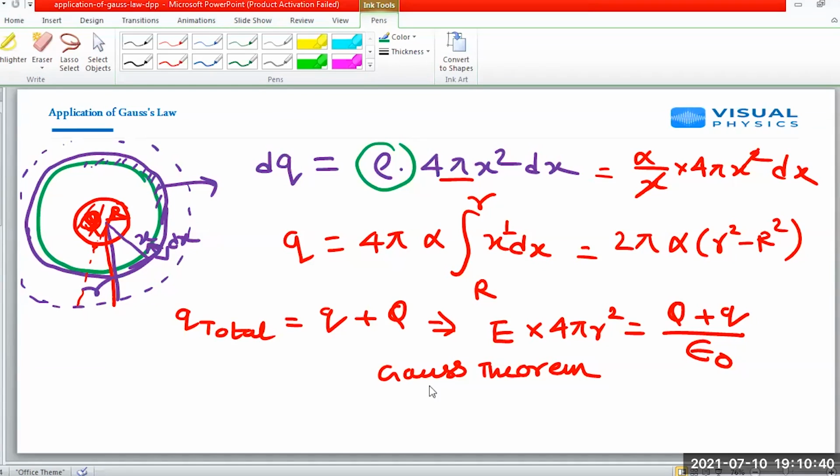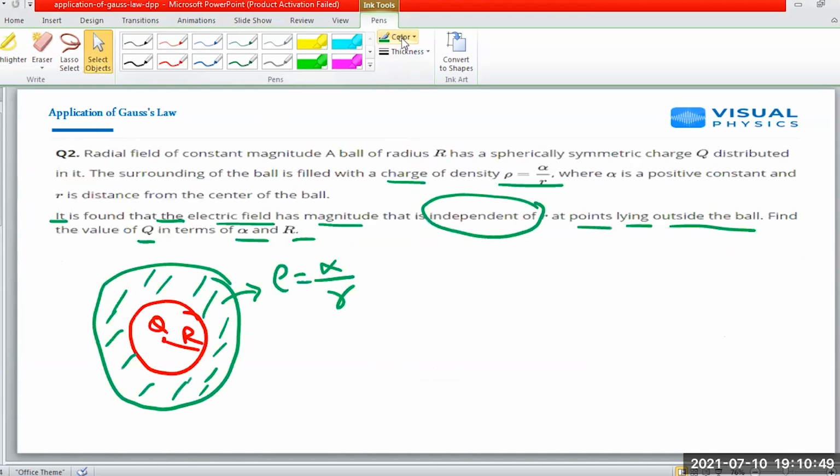Charge density, no, Naveen, charge density is not from the center. Please read the question again. The radial field of constant magnitude, a ball of radius R has spherically symmetric charge Q distributed in it.